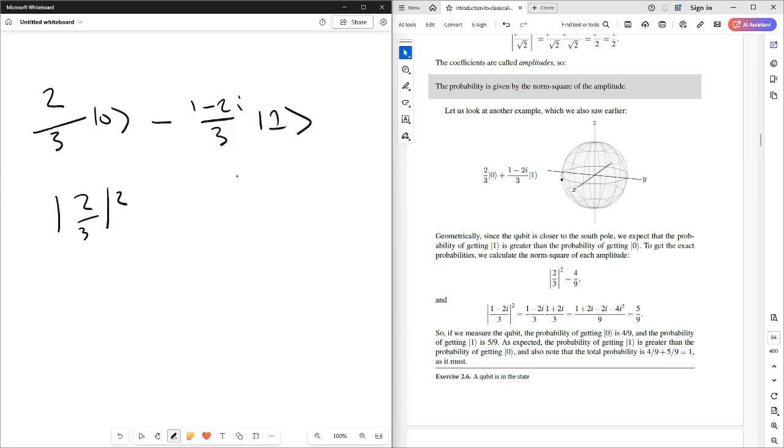For this one, we get 4/9. And obviously the probabilities must add up to 1. There are workarounds for when we're constructing a state where that isn't the case; we have to bring in some other factors.